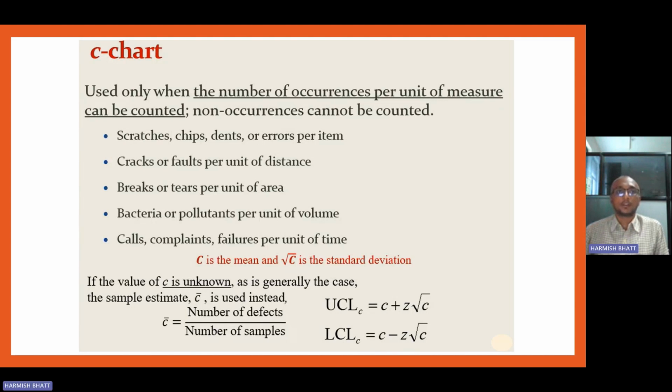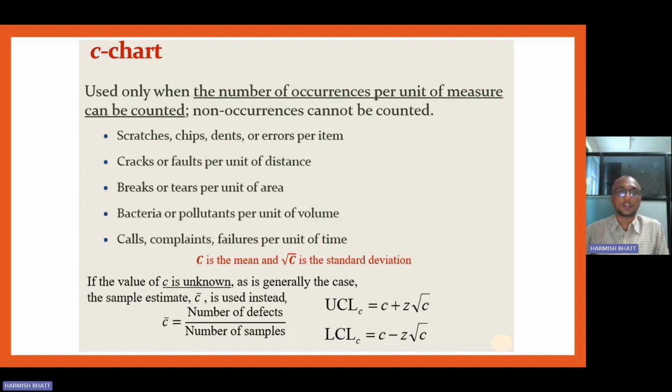Now, when to prepare the C chart? It is used only when the number of occurrences per unit of measure can be counted. Non-occurrence cannot be counted, such as scratches, chips, dents, or errors per item, which are countable items.